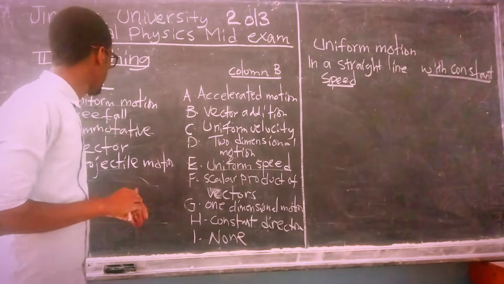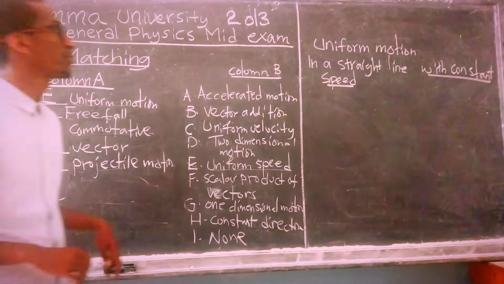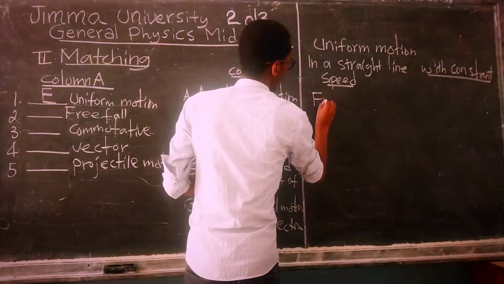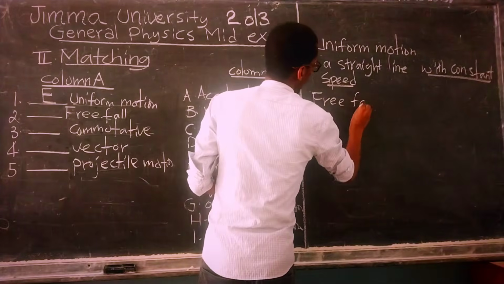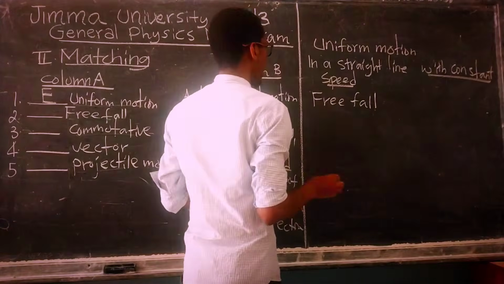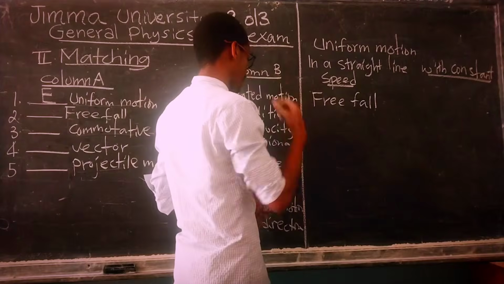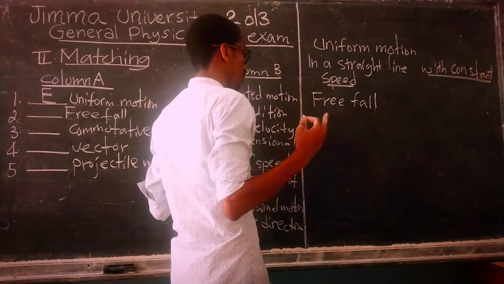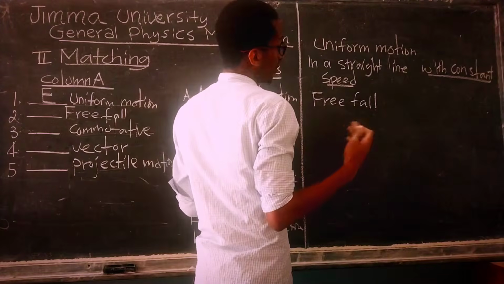So the second one is free fall. As we all know, free fall is when an object falls down due to the force of gravity only, without any external force.